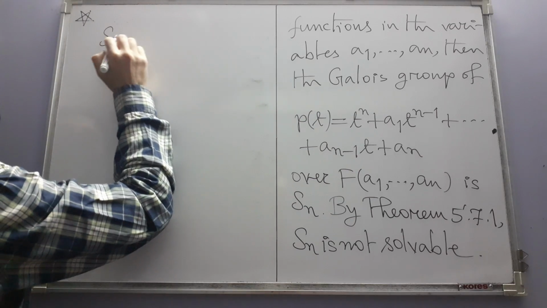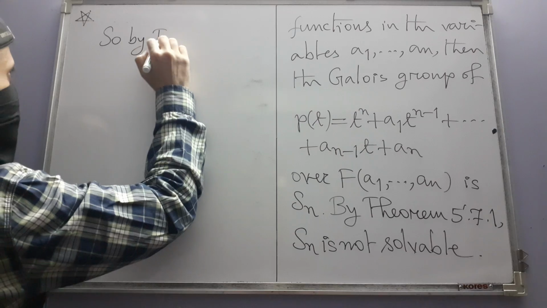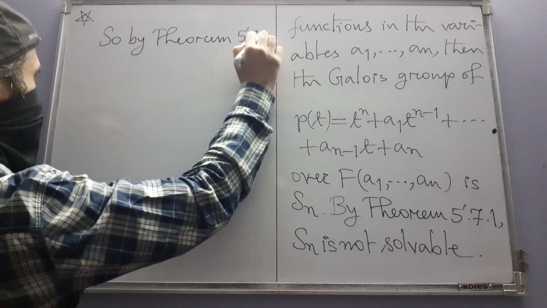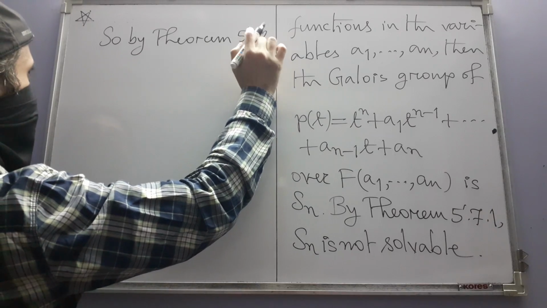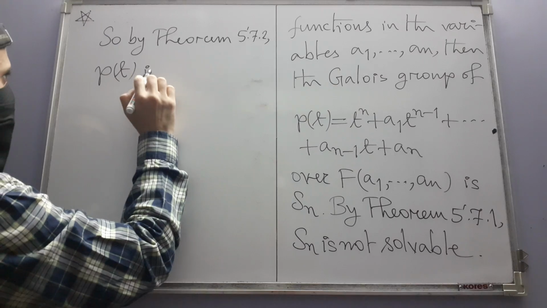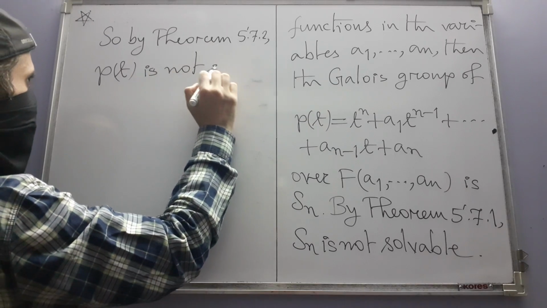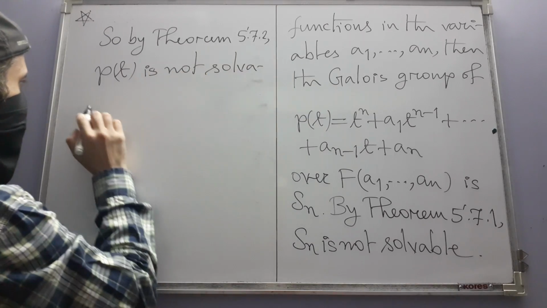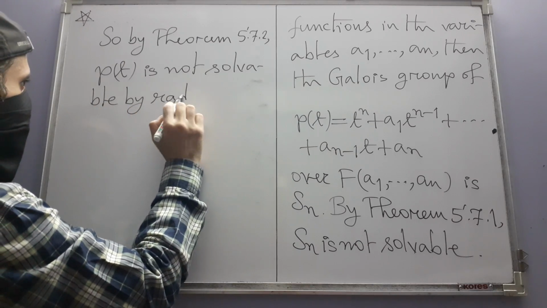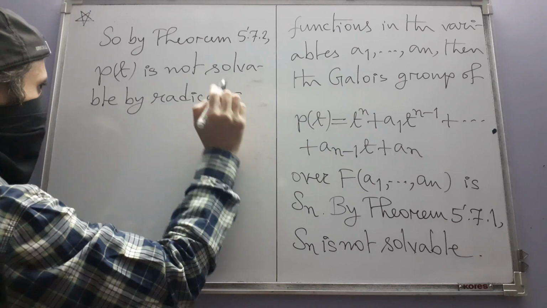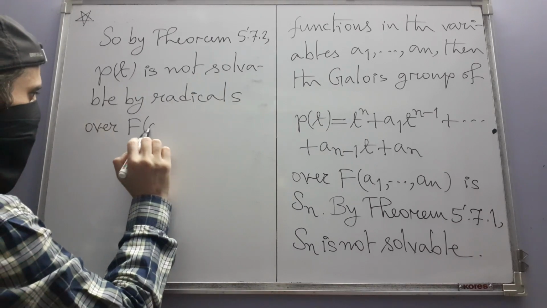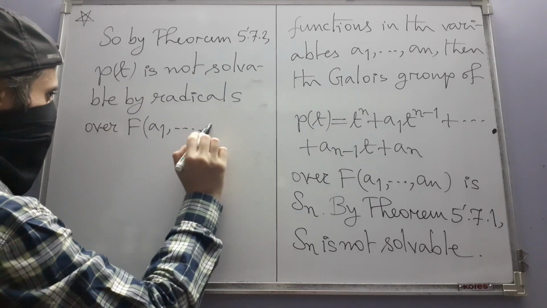So, by theorem 572, this is not solvable by radicals over this field of rational functions.